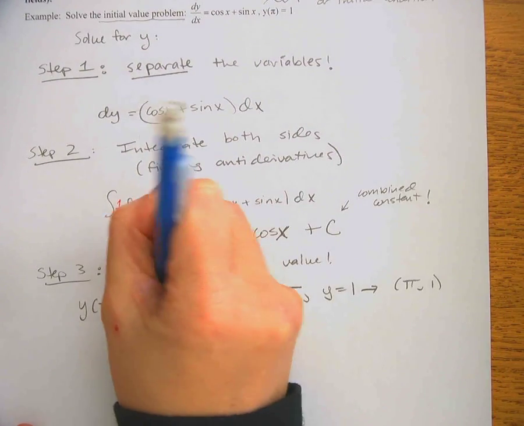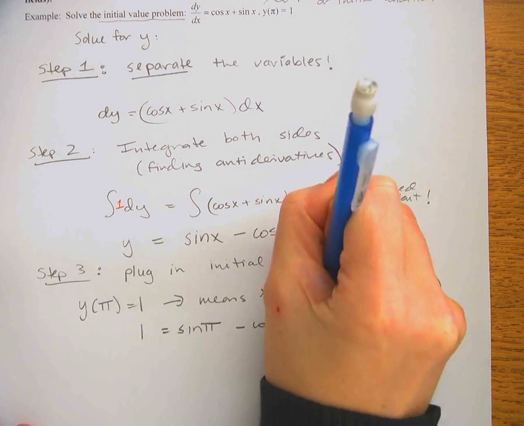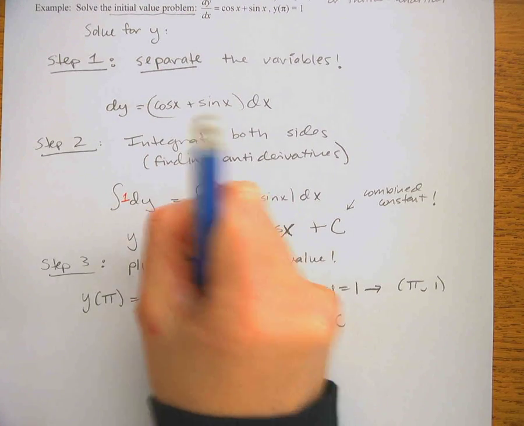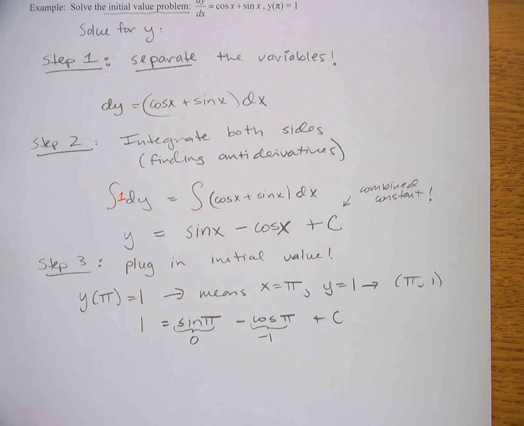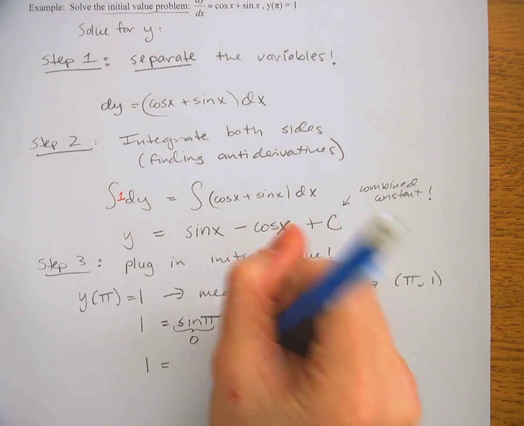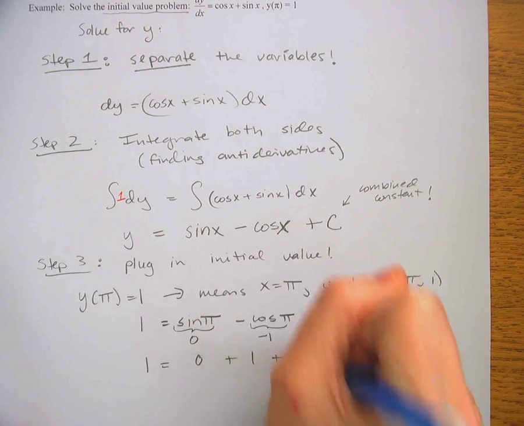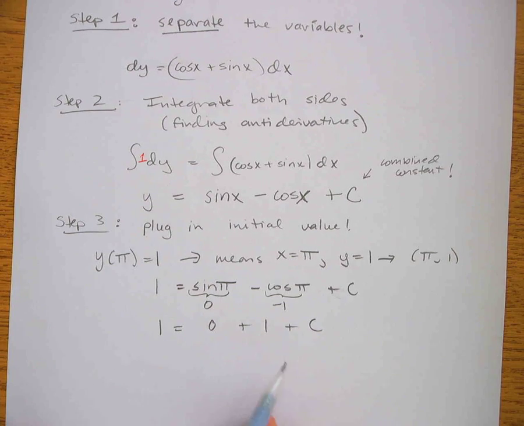And so I'm going to get 1 is equal to sine pi minus cosine pi plus c. Well, sine of pi is 0. Cosine of pi is -1. So I get 1 equals 0 plus 1 plus a constant. And then to get c by itself, I'm going to subtract this 1 to the other side.